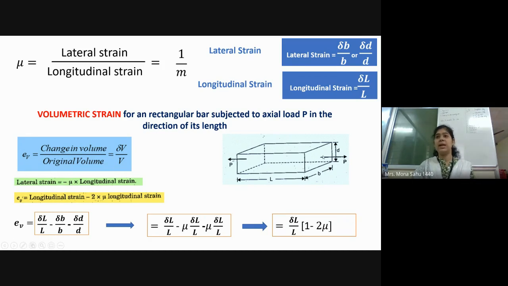So this is right angle to this, and this is also right angle to this. This is in the Z direction, D is in the Y direction. Got it? What is lateral strain? You can write down this formula: delta L by L is longitudinal strain.